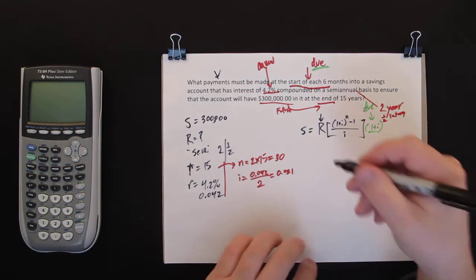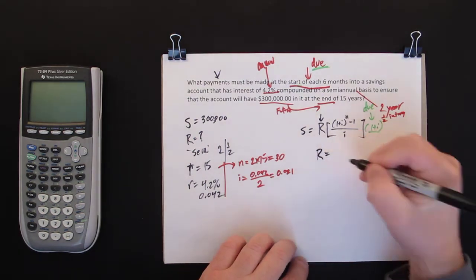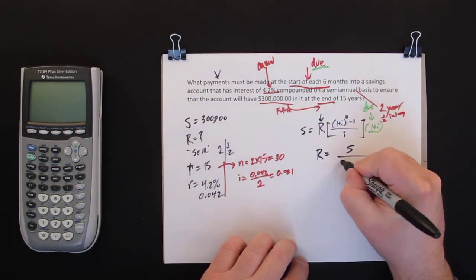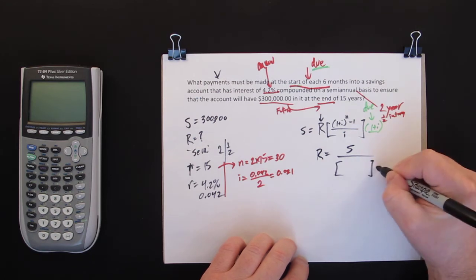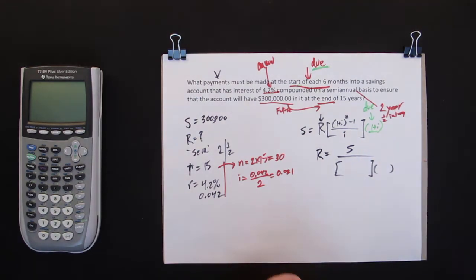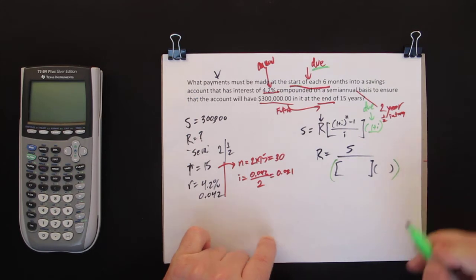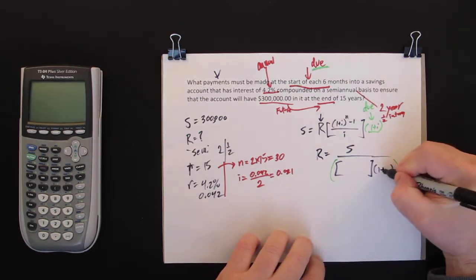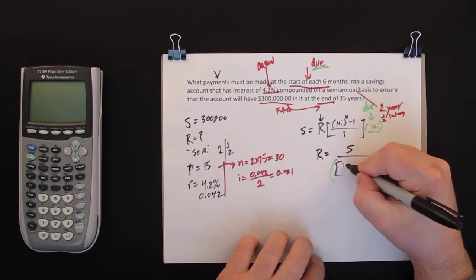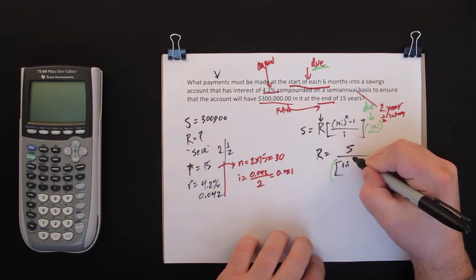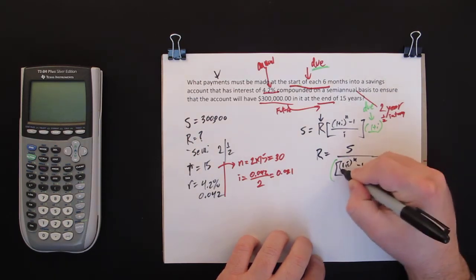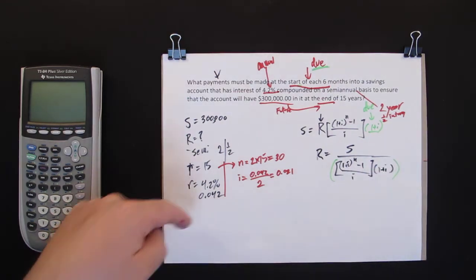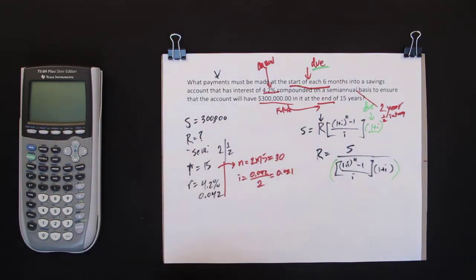We're after the payment, so that is just going to be the future value divided by this growth factor. Okay. All of these values are known, so just plug them in and compute it.